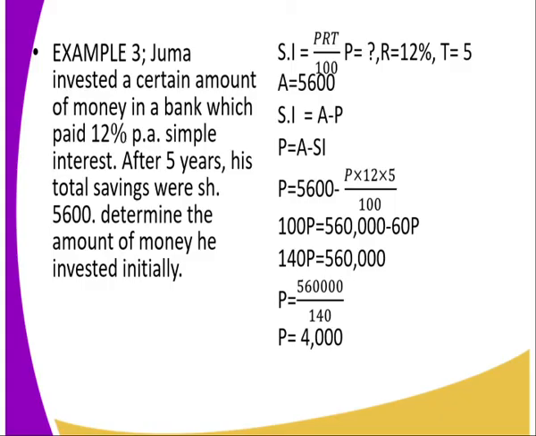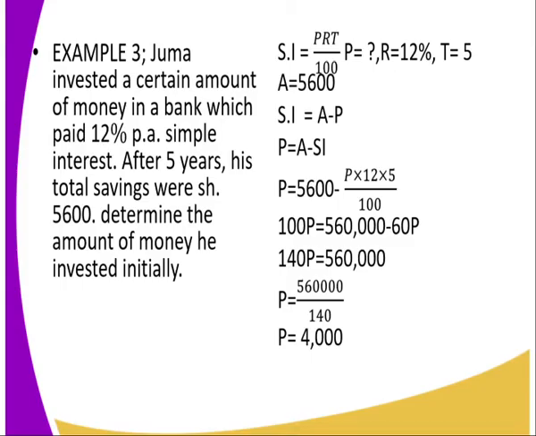Now we don't know the principal. So it's supposed to be the amount minus the interest. So you have 5,600 minus principal times 12 times 5 divided by 100. We take the 100 to the other side.